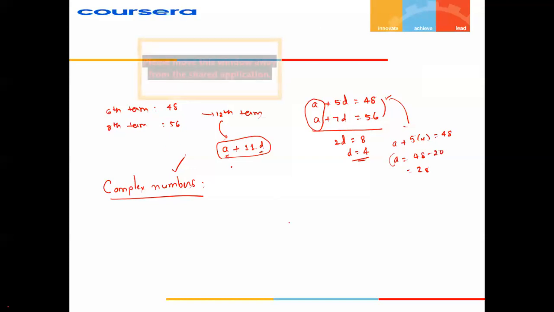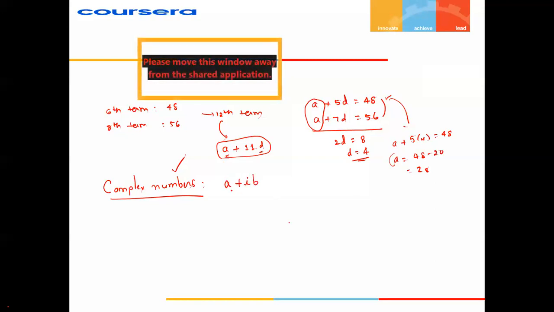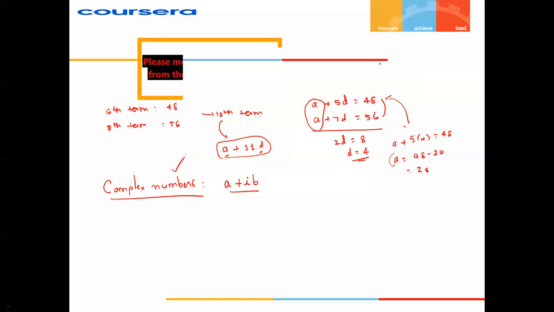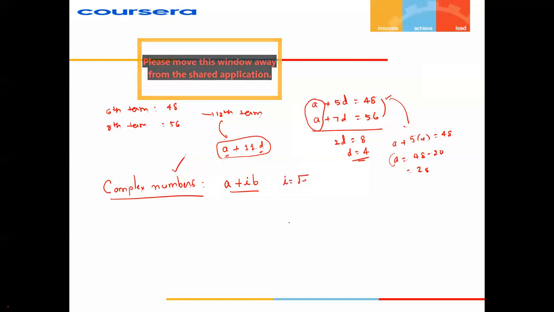Very simple. If a and b are two real numbers, then a plus ib is the complex number. Here, what is i? i equals square root of minus 1, because this has useful applications in engineering.